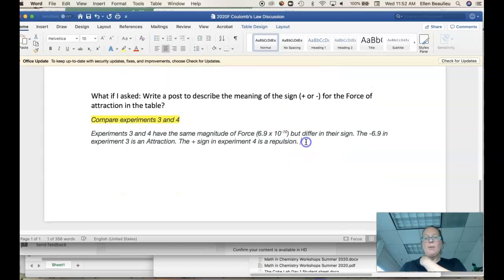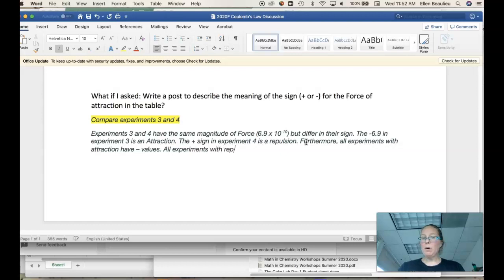So I can say furthermore, all experiments with attraction have negative values. All experiments with repulsion have positive values.